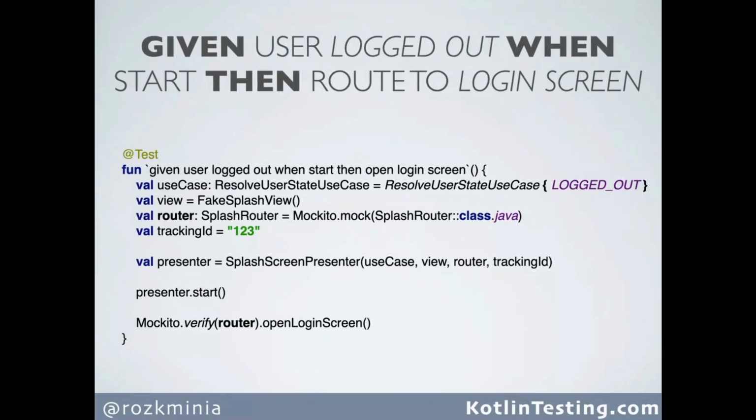And of course, there is opposite case. When user is logged out, we expect to open the login screen on router, and in a very convenient way, we can achieve that test behavior with Mockito.